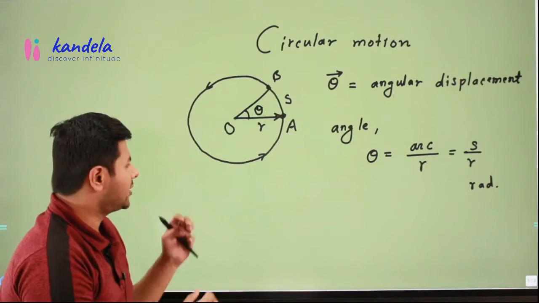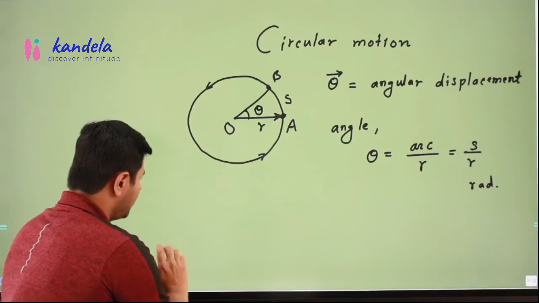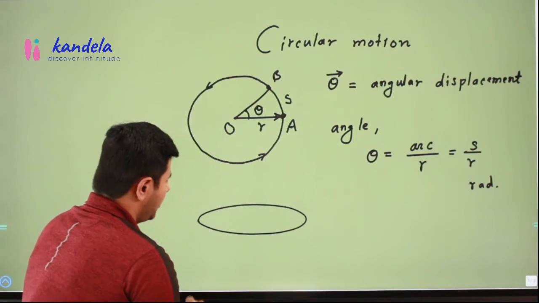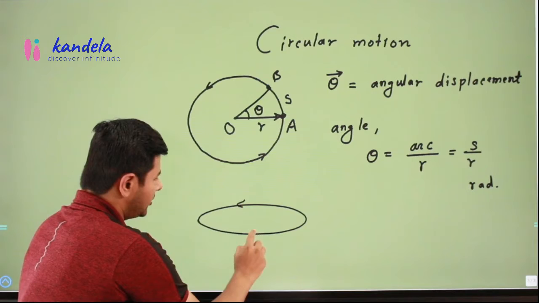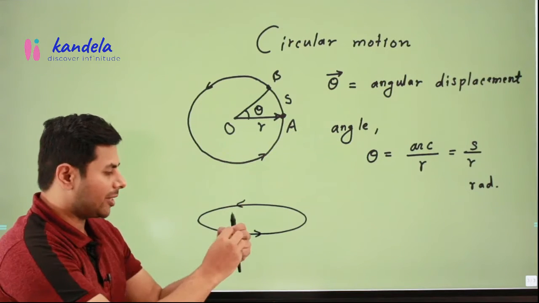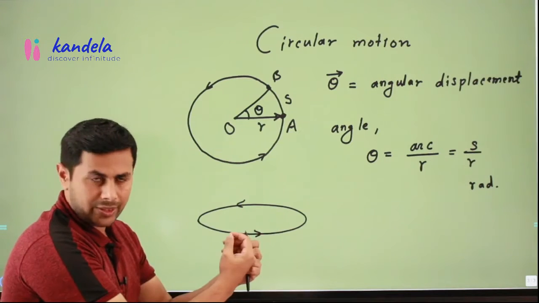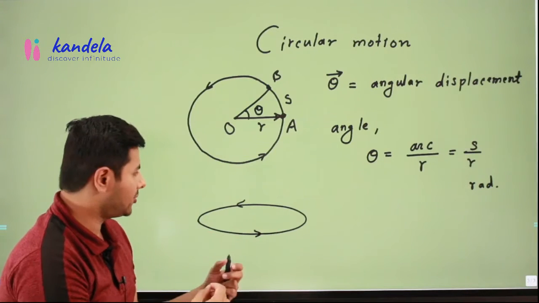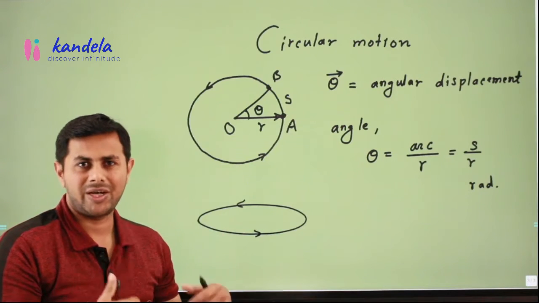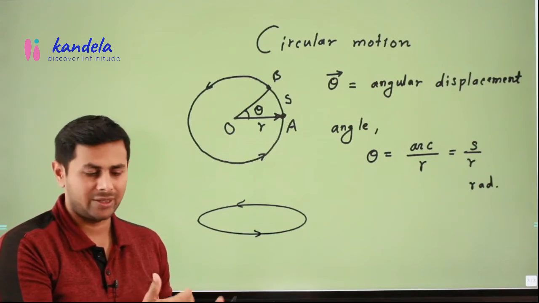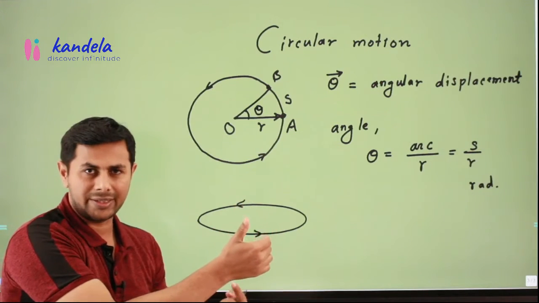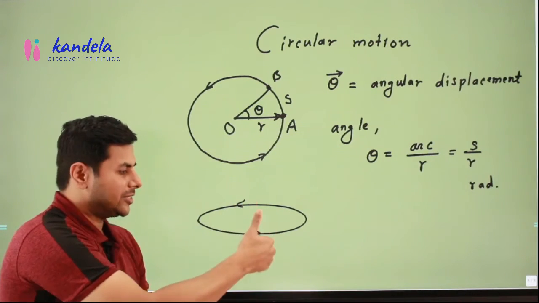Okay, let's take another example. Let's suppose we have a particle which is moving on this circle. This circle is in a horizontal plane. My particle is moving anti-clockwise for me in this horizontal plane. So how do I find direction of its angular displacement? We have set the rule, it is right hand thumb rule. Take the right hand, curl the fingers of the right hand in direction of motion of the particle and stretch your thumb.